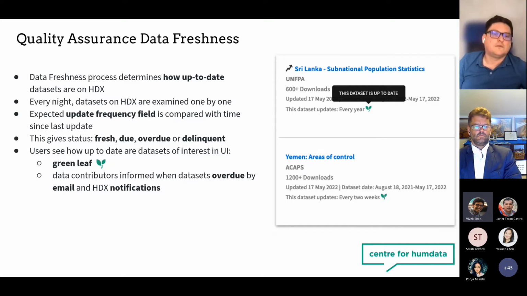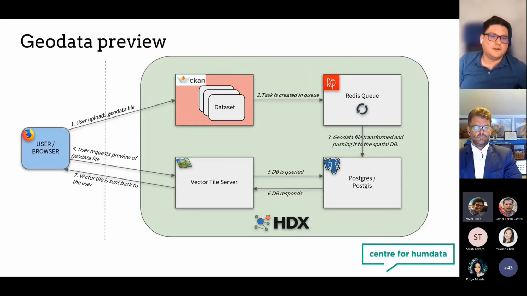The next slide shows us how geodata is previewed and actually transformed in HDX. So basically, a user uploads a geodata file, a task is created in a Redis queue, and this transforms the data and pushes it into the spatial DB, the PostGIS that we are using.